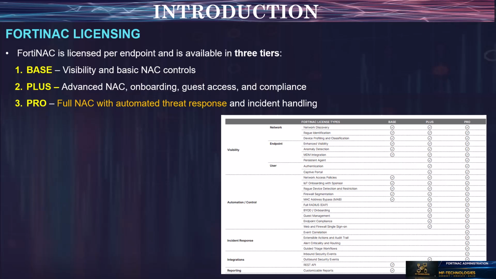This license focuses primarily on visibility and basic network access control capabilities. The second tier is Plus. It includes everything available in the base license and adds advanced authentication, guest management, onboarding, compliance checking, and additional network access control features.